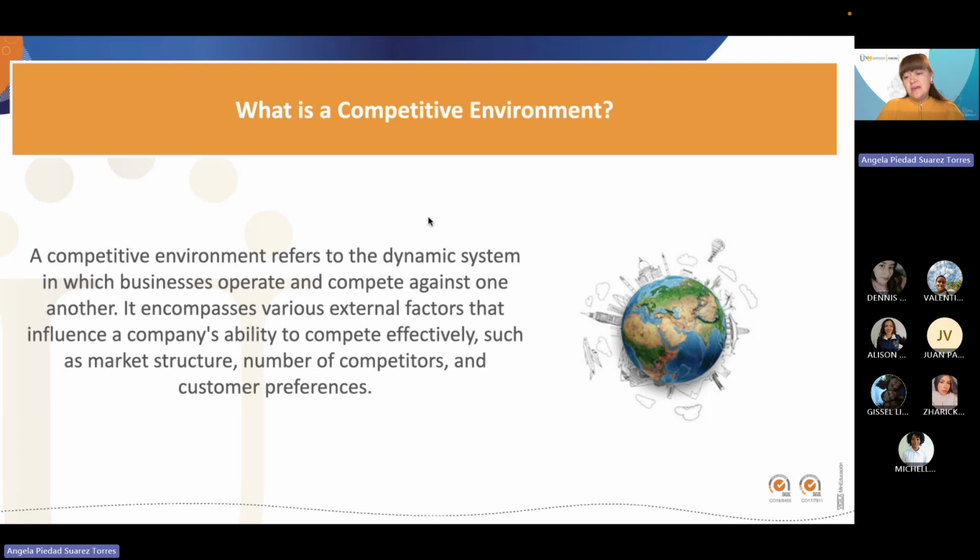How are we going to be efficient in that competition? How many competitors do we have? And of course, we need to recognize the profile of each one of them. So we need to look at different elements that are very important in the international markets where we want to put our product or service.